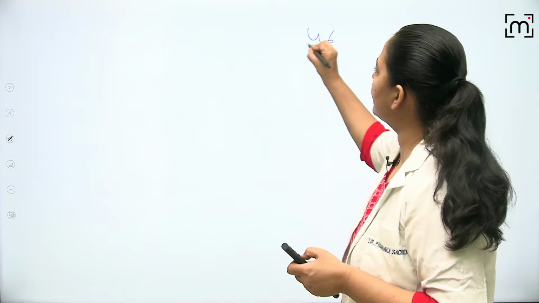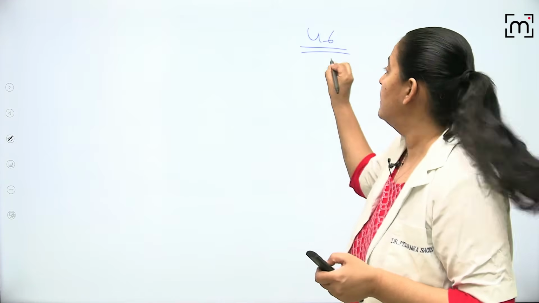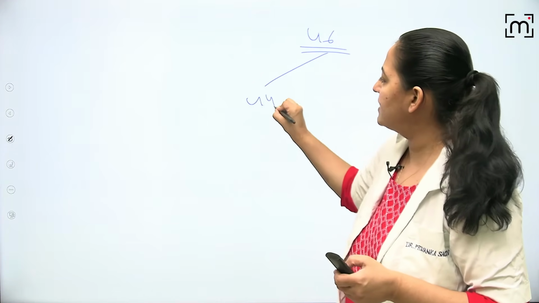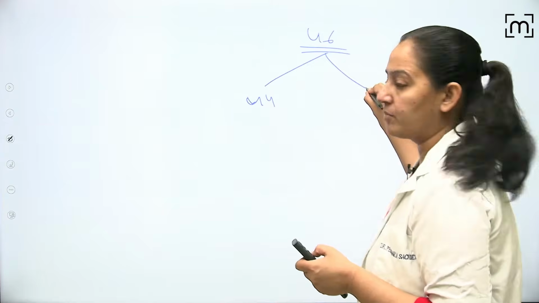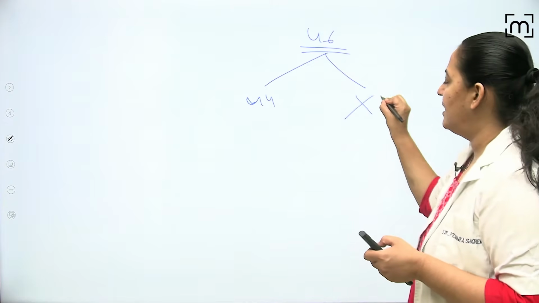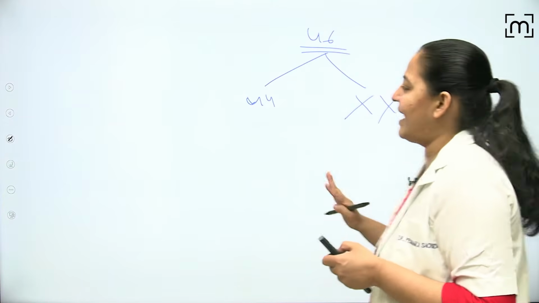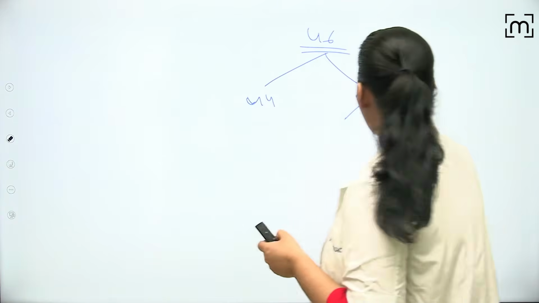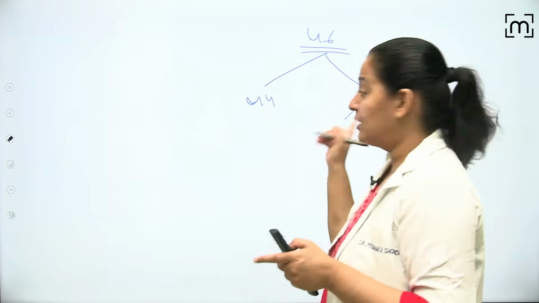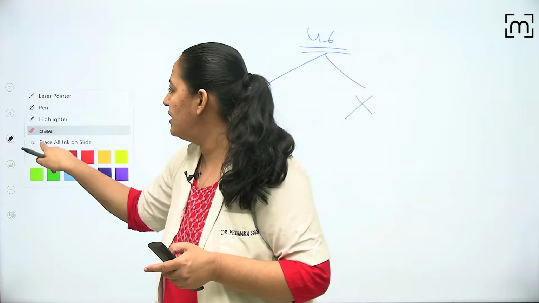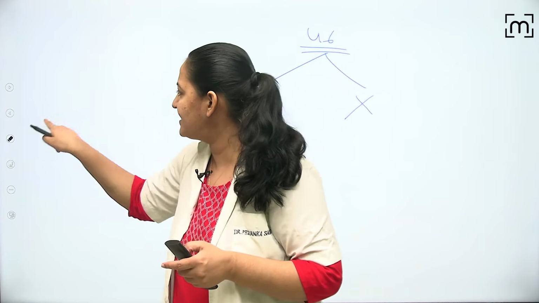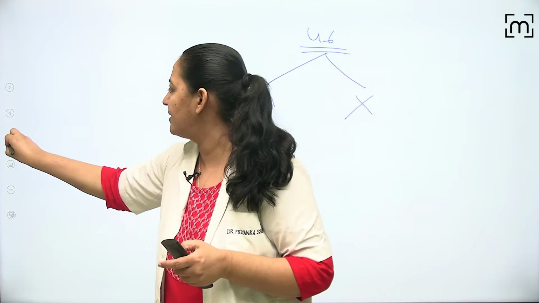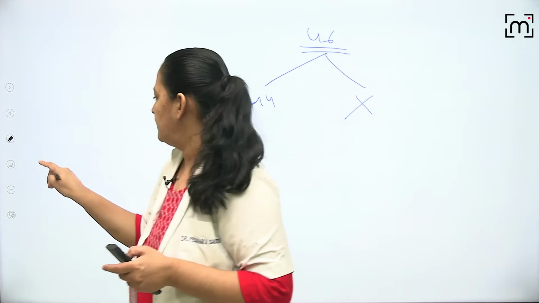Normal healthy female: 44 are autosomes and the last pair is the sex chromosomes, which is double X. Instead of double X, the patient has only one X. So one of the X chromosomes is missing here.